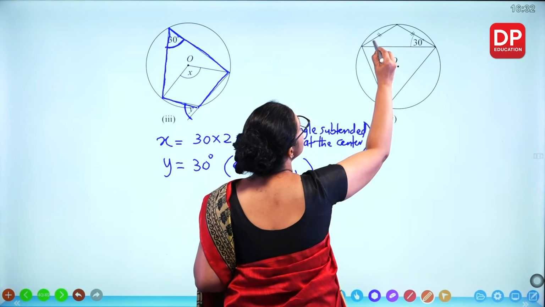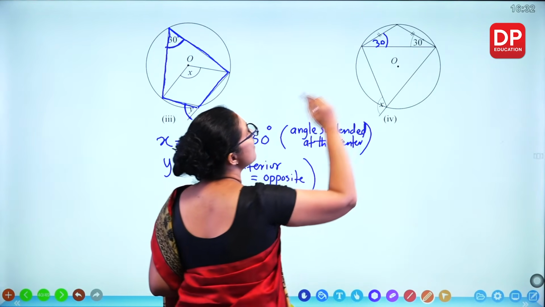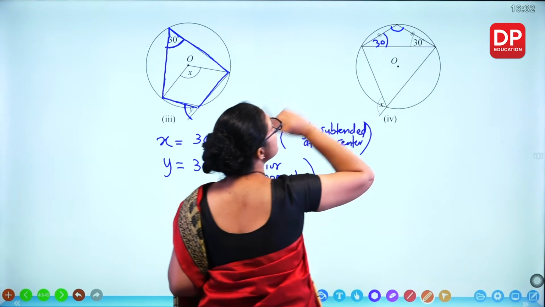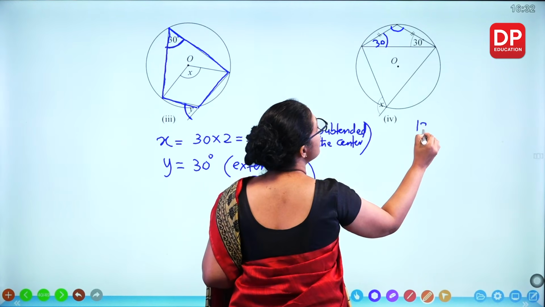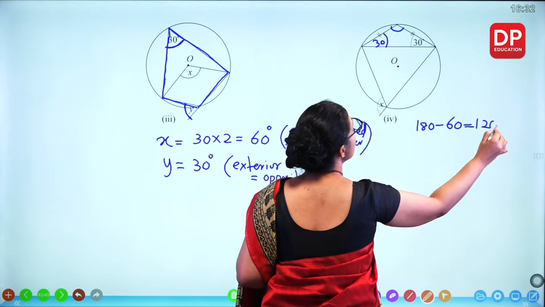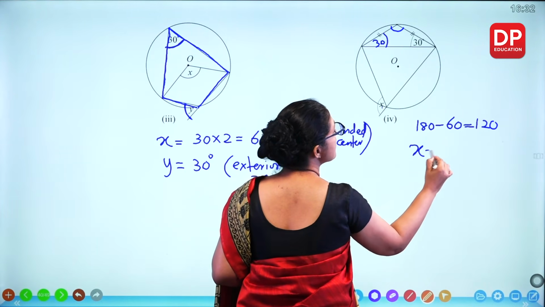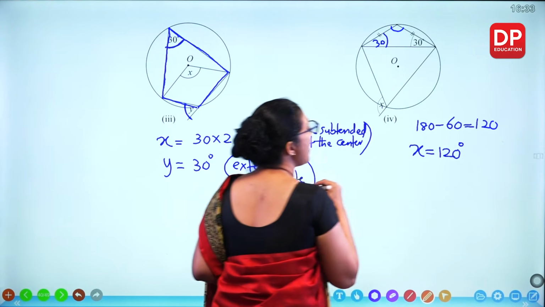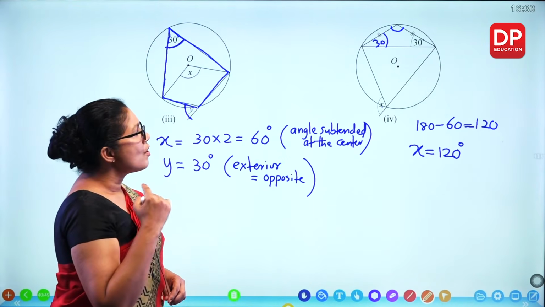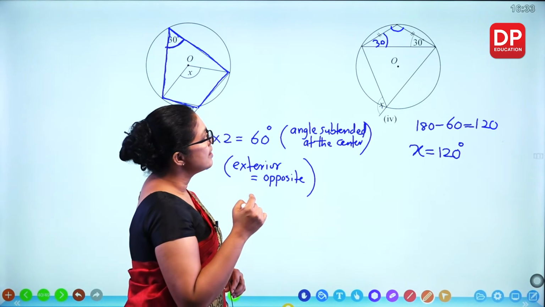This is 30, this is 30 because two sides are equal. Then you can find out this angle. What's this angle? 180 minus 60. You get 120. So this angle is same as x. Exterior angle is equal to opposite interior angle. So x equals 120.